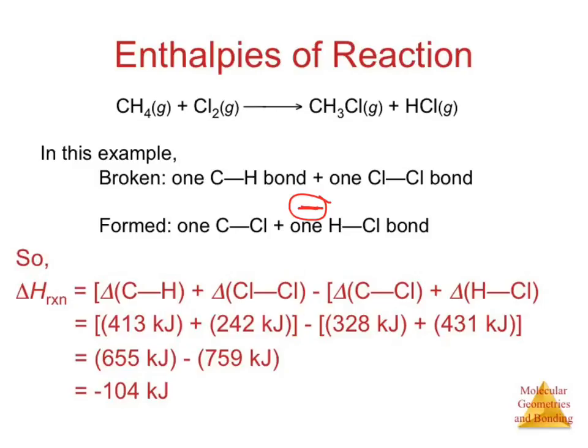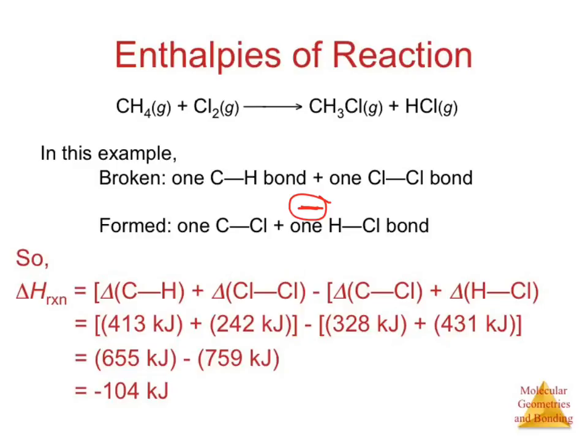If you look at how our equation is set up and solved, they take the sum of the energies of the bonds broken. So we took all those energies, and then they say, well, it's subtracting the sum of the energies of the bonds formed. Nonsense. It's not subtracting the energy of the bonds formed. It's subtracting the bond dissociation energy for the ones that were formed.